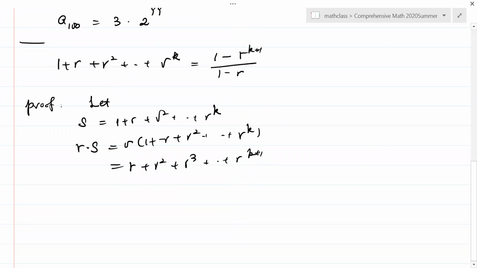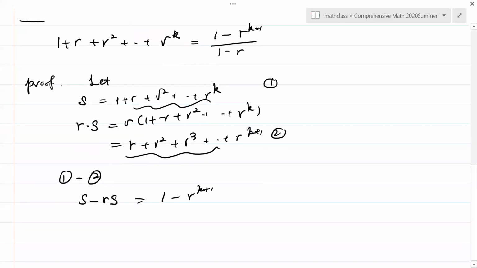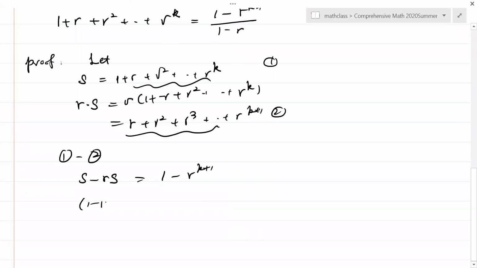That's equation 1, that's equation 2. Equation 1 minus equation 2 is S minus RS, and the common part is gone, leaving 1 minus R to the K plus 1. The left-hand side is 1 minus R times S. So S is going to be 1 minus R to the K plus 1 over 1 minus R.